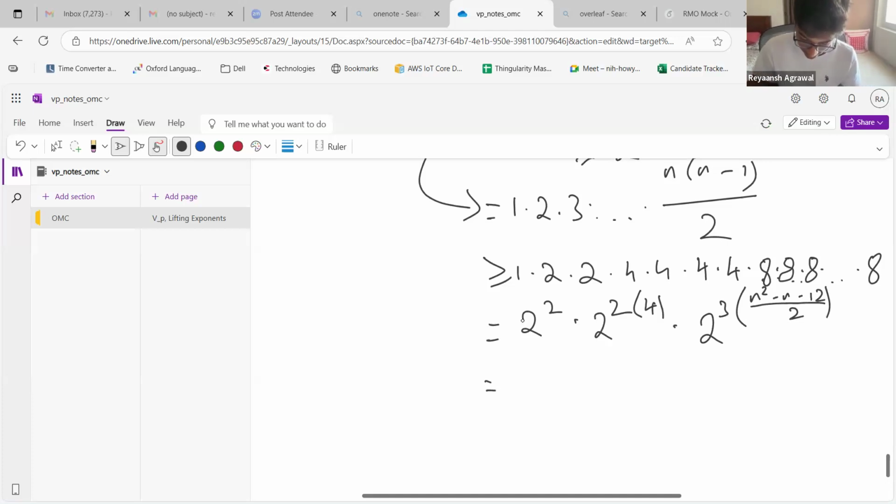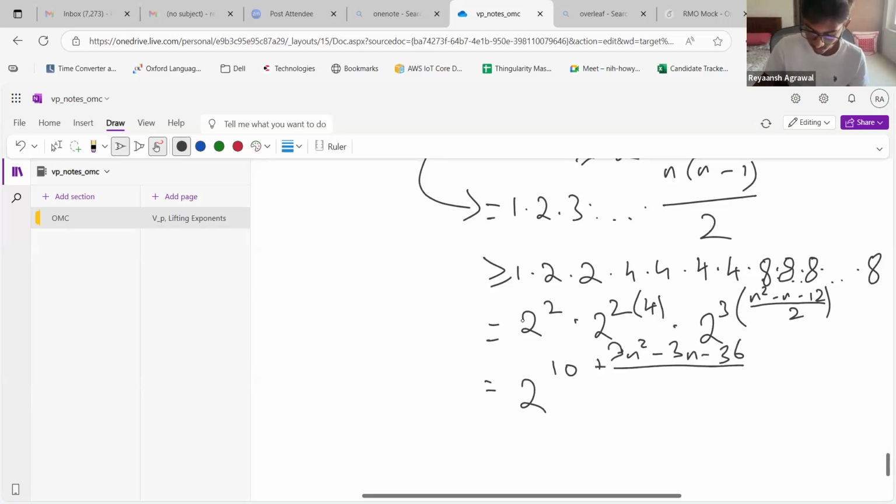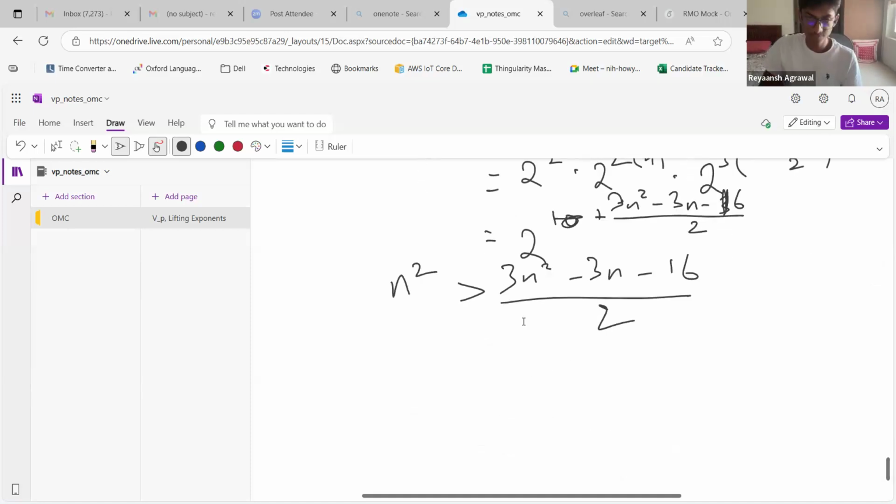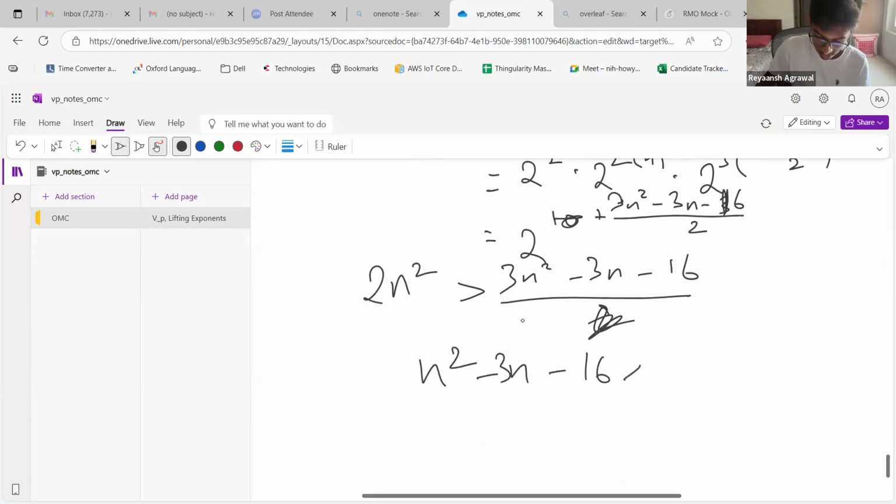Okay, and this is 2 power 2 plus 8, that's 10, plus 3n square minus 3n minus 36 by 2, and let's just add this. So we get n square greater than 3n square minus 3n minus 16 by 2. So when does this hold? First of all, take this side. We want n square minus 3n minus 16 less than 0.